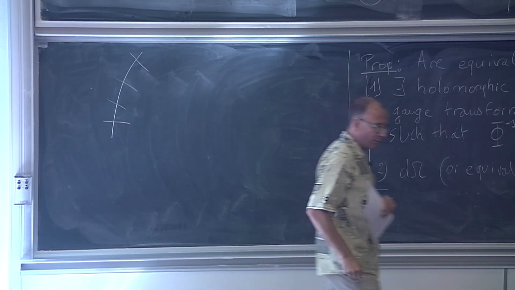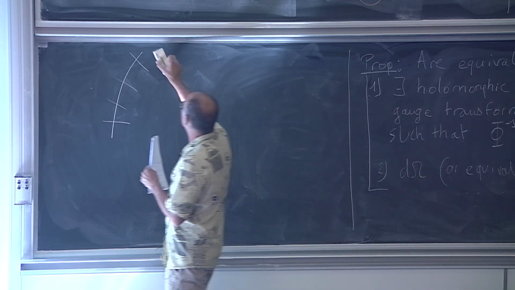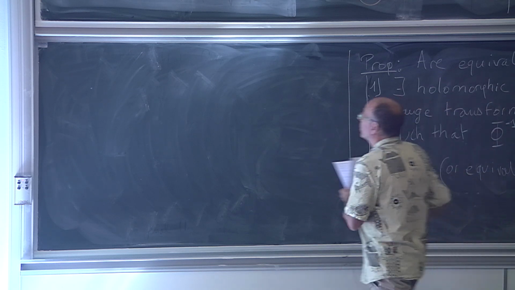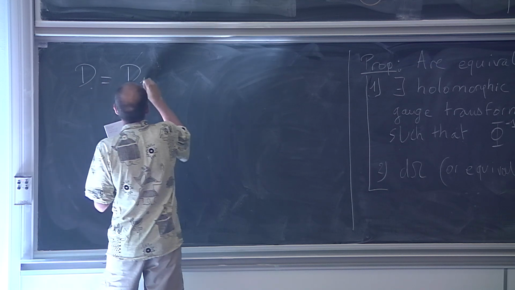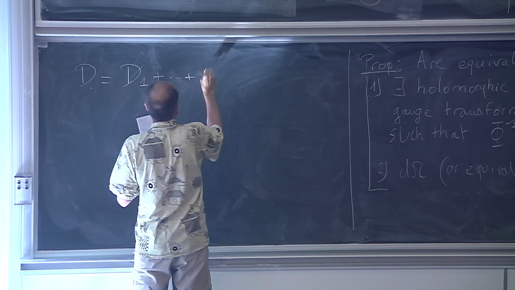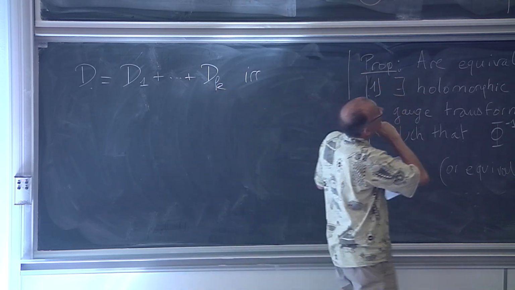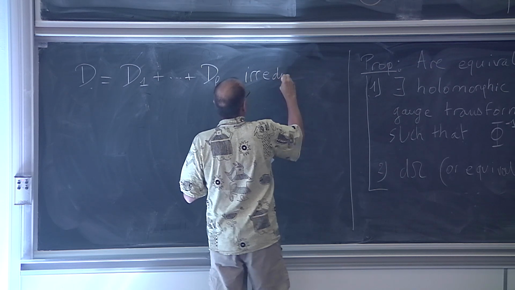Okay, so I write this more precisely. You have D, which splits as D1 plus ... plus Dk. D was the reduced divisor, so it splits into irreducible components.